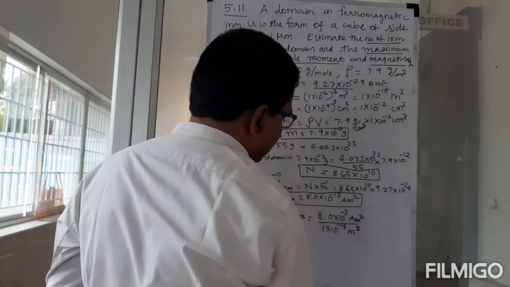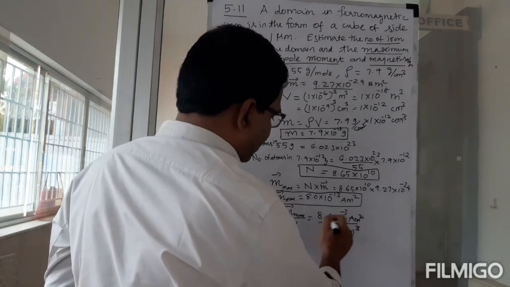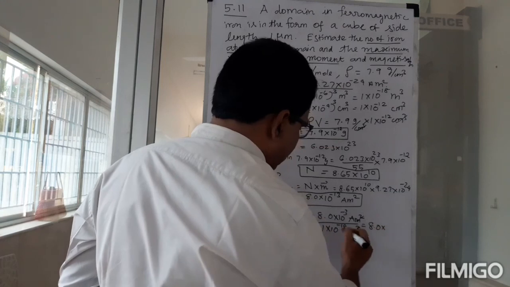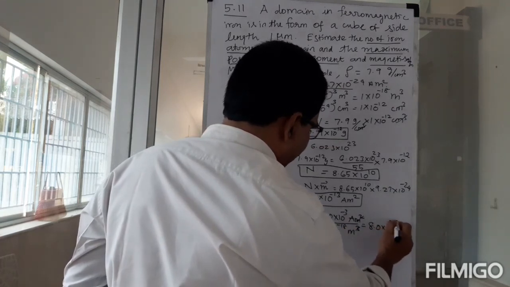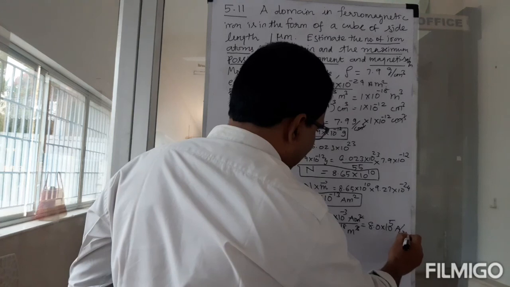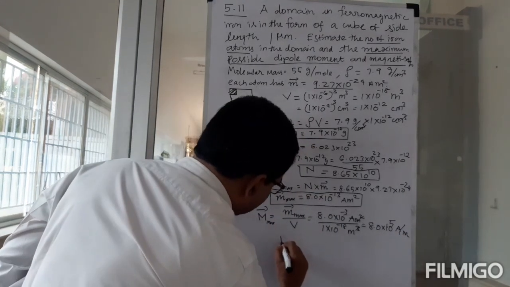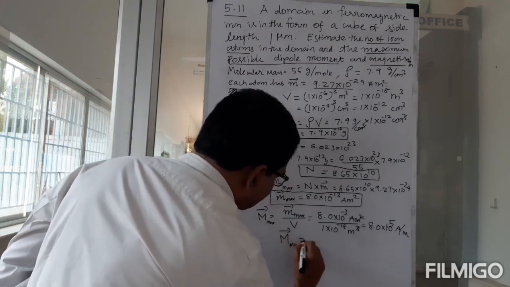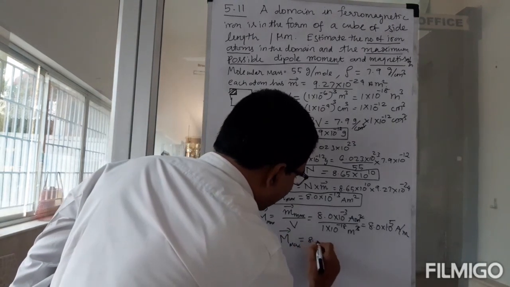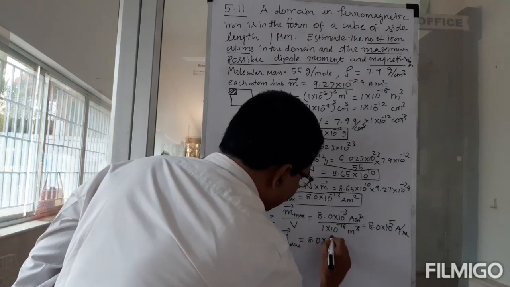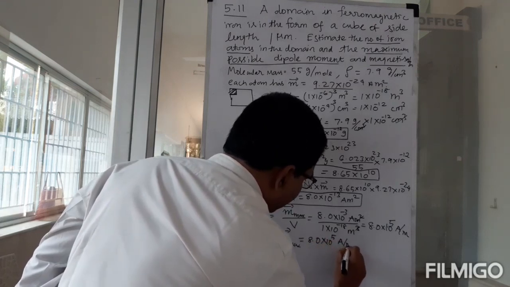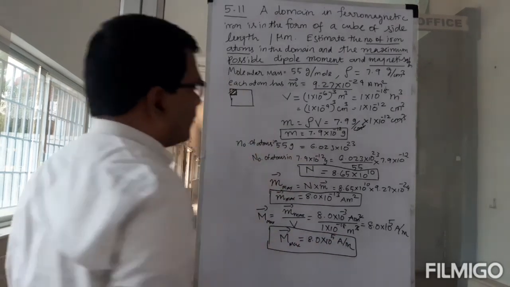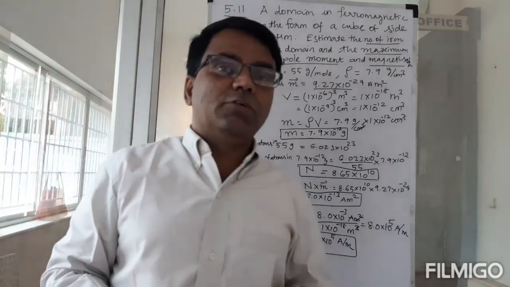So this will give you 8.0 into 10 power 5 ampere per meter. So the maximum magnetization is equal to 8.0 into 10 power 5 ampere per meter. So this is how you do this problem.